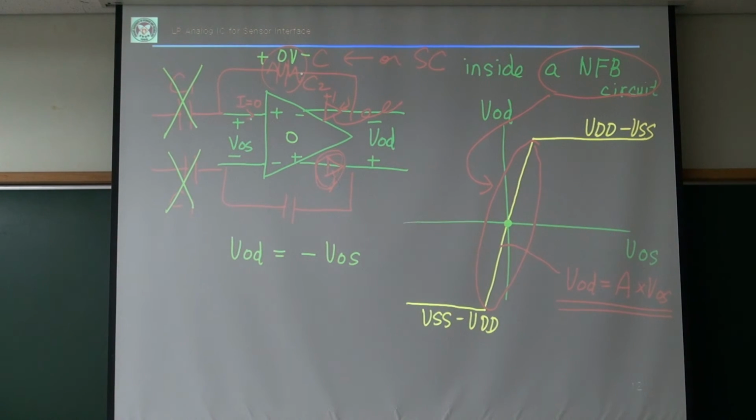Because the current is 0, this C2 capacitor voltage is 0. So the other constraint is that my VOD equals minus VOS. This curve, okay? So my output voltage should be located here. We should satisfy this condition, okay?